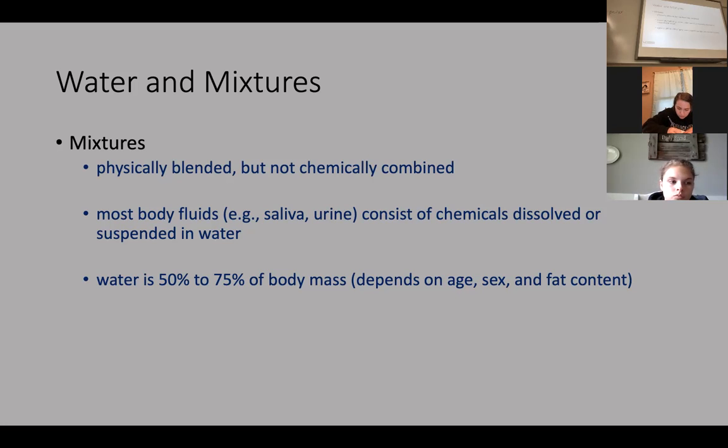Men typically have a greater percentage of water making up their body mass than women, so this number will be higher in men than women typically. And fat content can also affect the water content of a person's body in different ways. So it does vary a lot, half to 3/4. So that's generally mixtures. We're talking about water as the base and then something dissolved in the water.